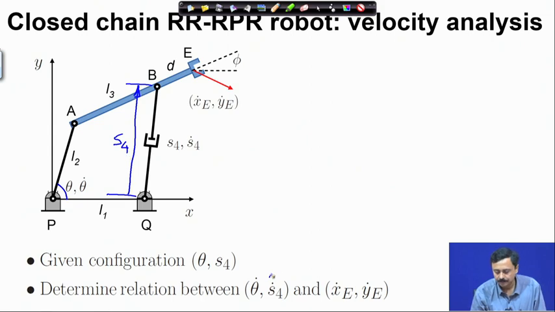Now, the problem is to determine the relation between their velocities. We have theta dot and S4 dot as the joint velocities or the actuator velocities, and xe dot and ye dot as the end effector velocity vector. We would like to find a relation between them.